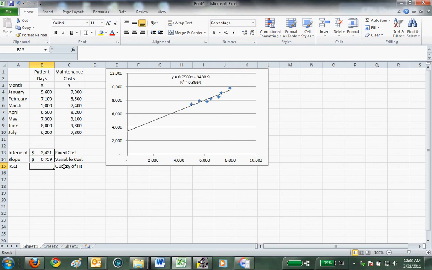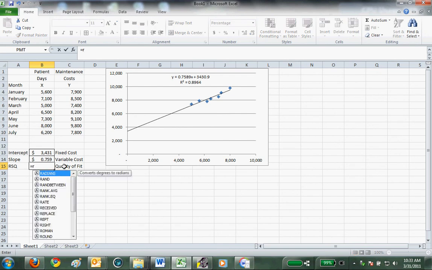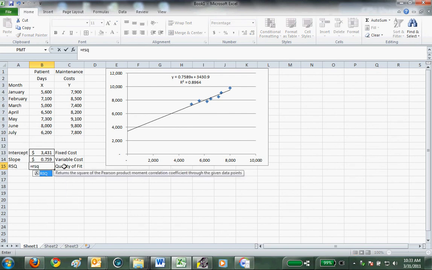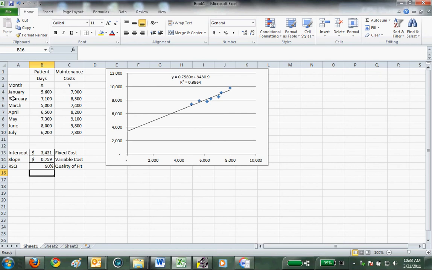And then the RSQ equals RSQ, which is R squared. Put in our known y's and our known x's, enter, and I should come up with the same thing, again rounded differently.